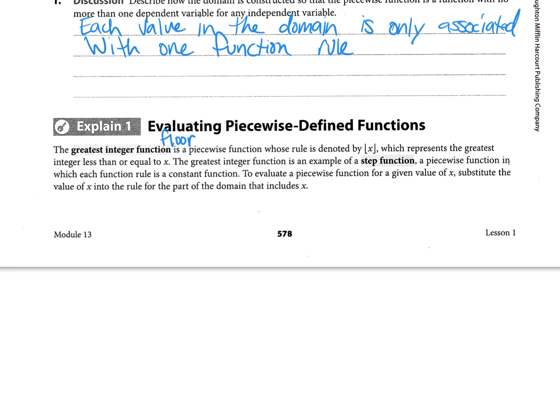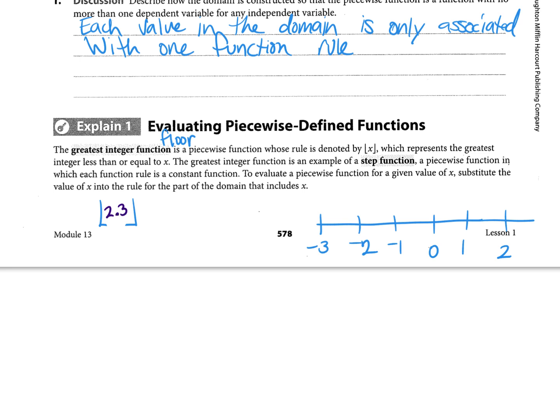To evaluate a piecewise function for a given value of x, we substitute the value of x into the rule for the part of the domain that includes that x value. Let me give you an example before we move on. If we had a number line, and I said, well, what's the value or the output for when x is 2.3?